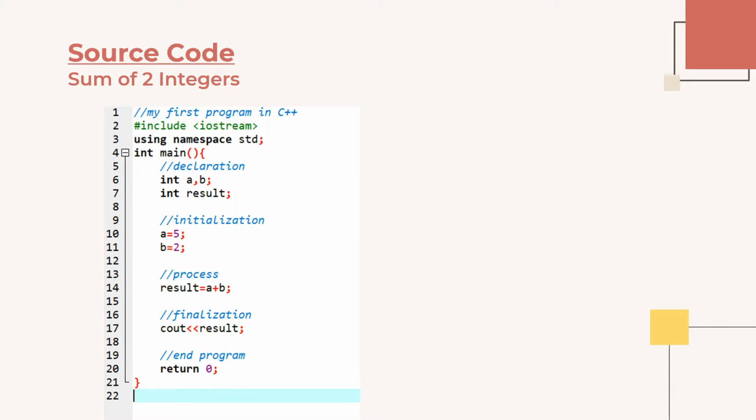Finalization is the step to end the program, and it includes displaying the result to the output device or screen and return 0. Return 0 is used to terminate and return a value. Because our program uses an integer in the main function, it needs a return value. Then we use return 0 in order to terminate the program easily.